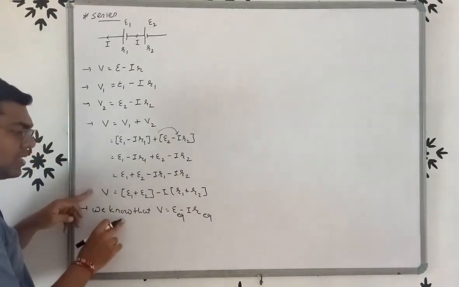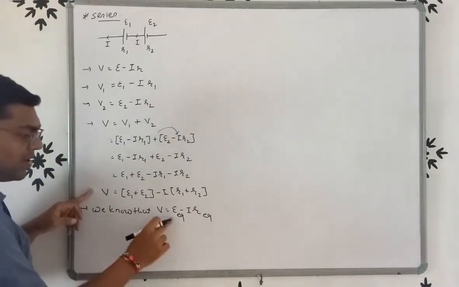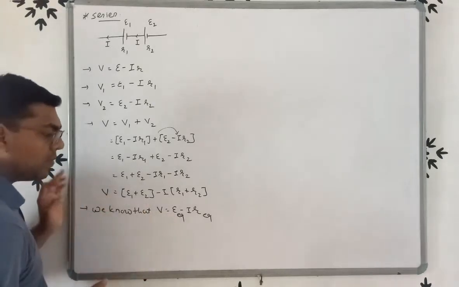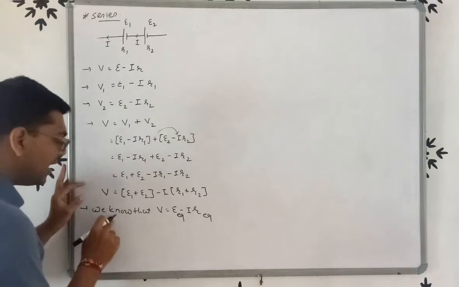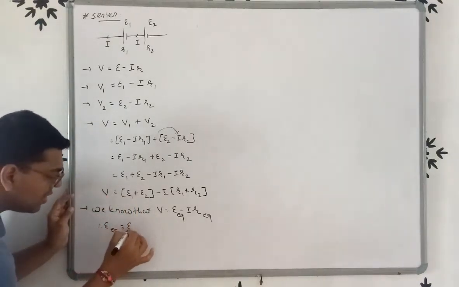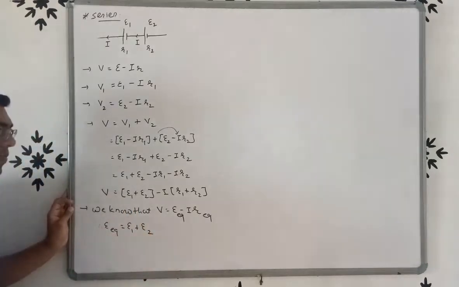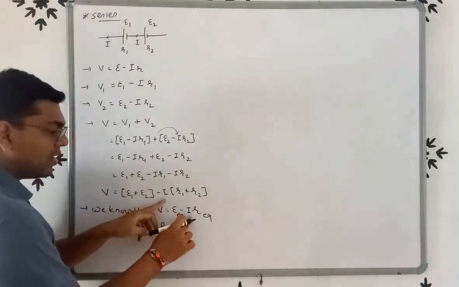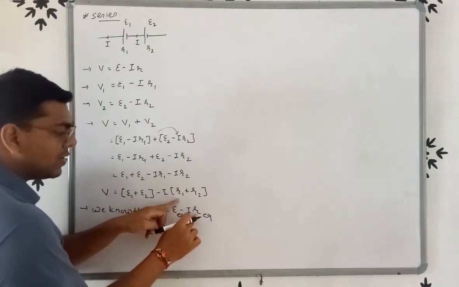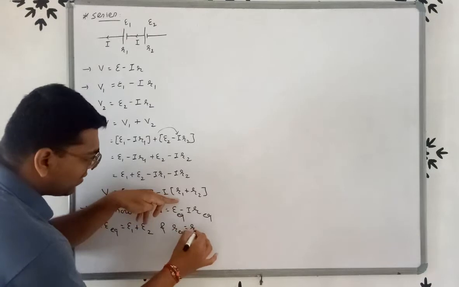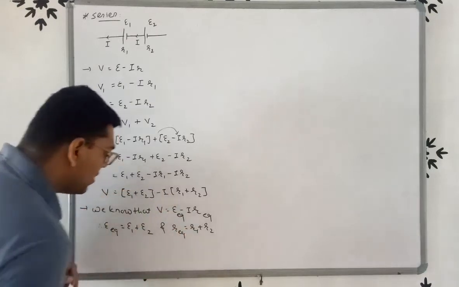If we compare these two equations, we get E equivalent is equal to E1 plus E2 and I as it is. If we compare R, the internal resistance, R equivalent is equal to R1 plus R2, right?